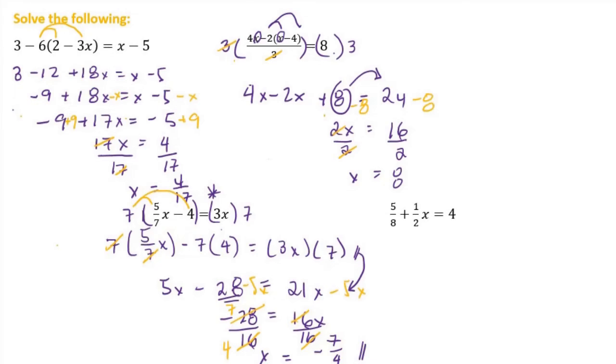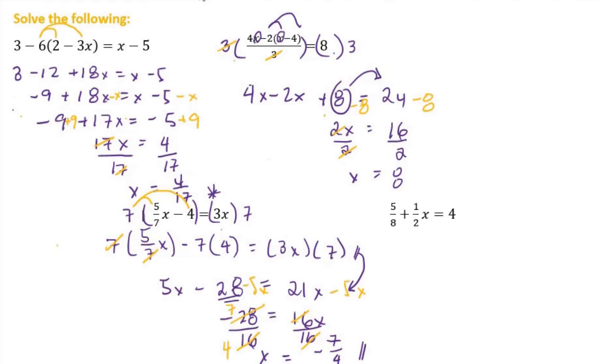Okay? So let's apply exactly that same technique to this final question. Our goal is to eliminate all groupings as our first step, which means we want to eliminate the 8 and the 2. What do I need to multiply by to eliminate the 8 and the 2?